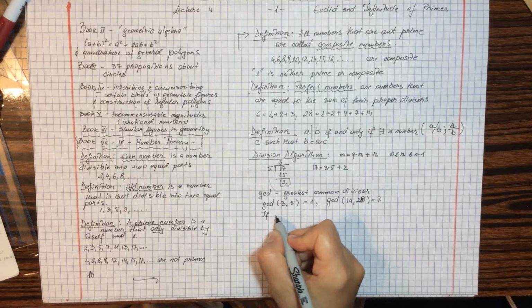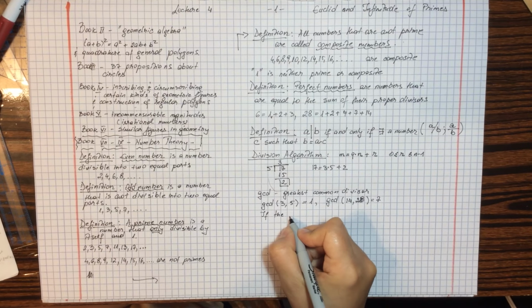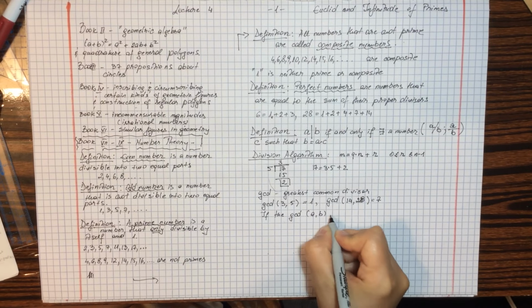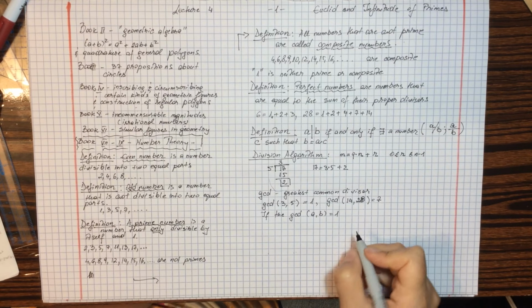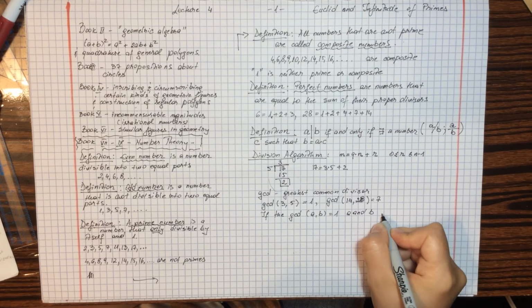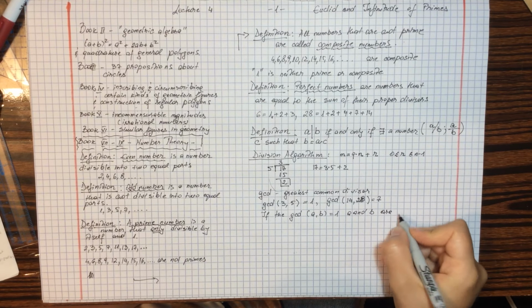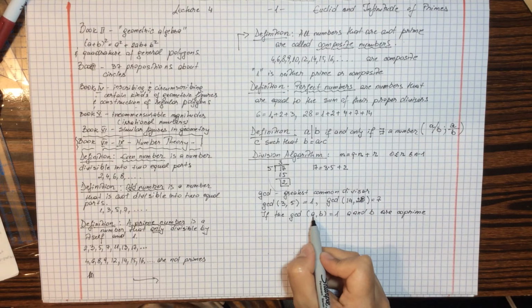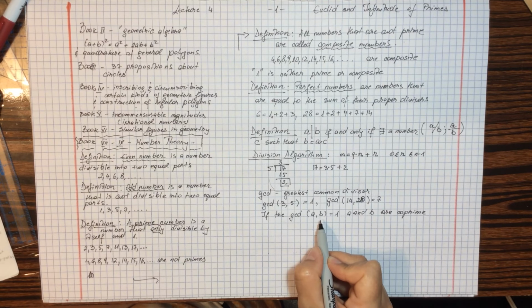7 divides into 14, 7 divides into 28, and that's the largest. So if the GCD between two numbers A and B is equal to 1, A and B are called coprime. It doesn't mean that numbers A and B in themselves are prime numbers, not necessarily.